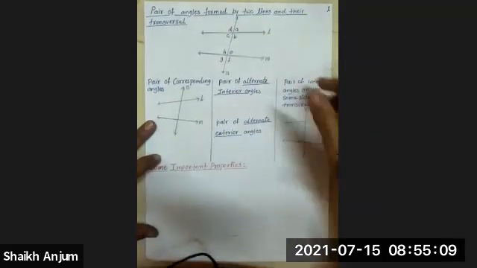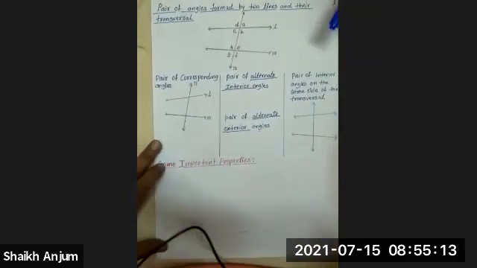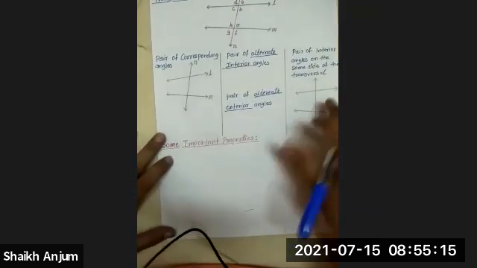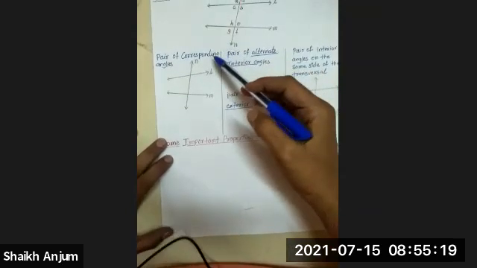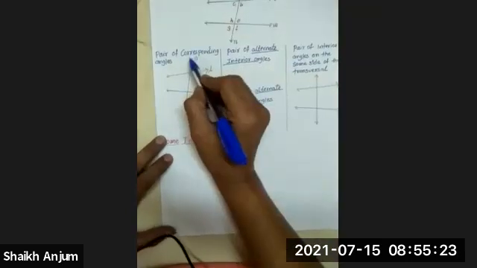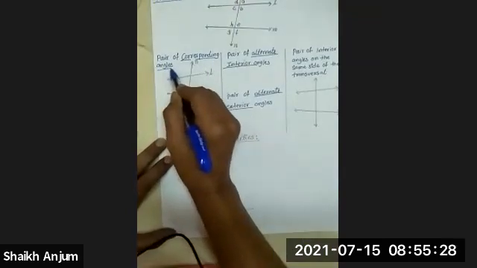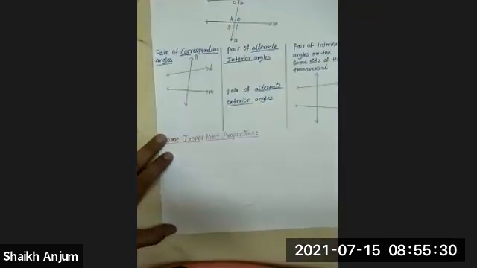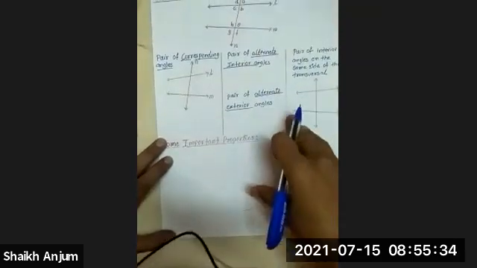Okay, now we will see in detail the different type of angles. Okay, which are those? Now, first pair, that is pair of corresponding angles. Now, what are the corresponding angles?